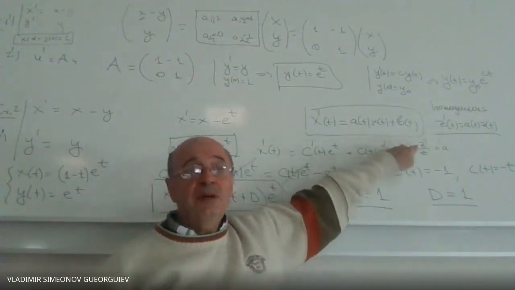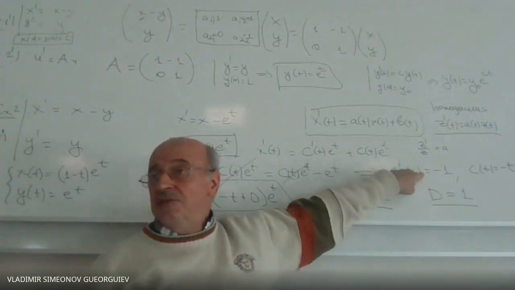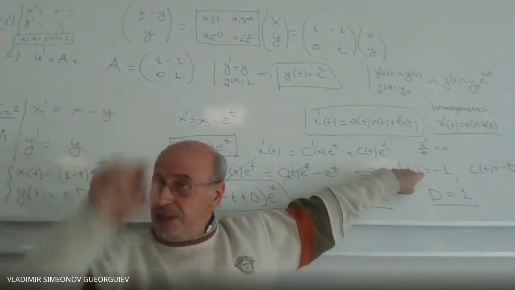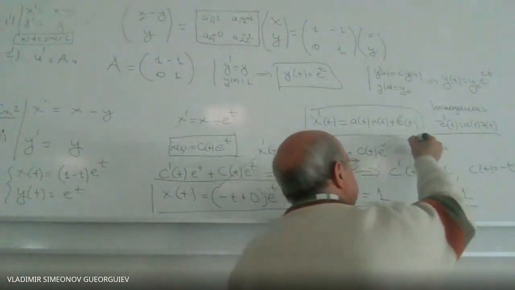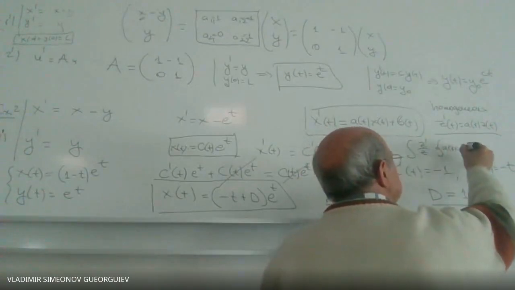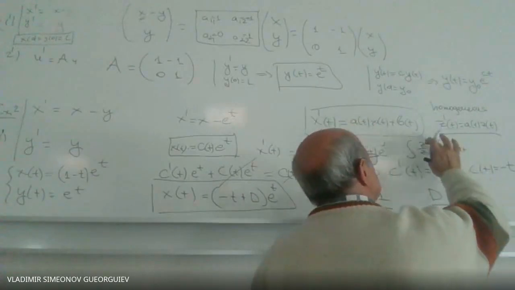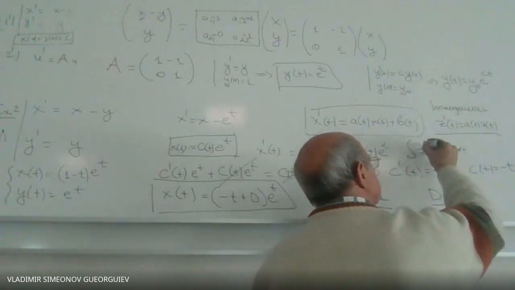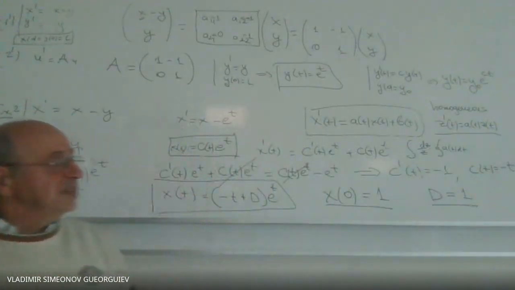Divide by zeta, and we have zeta prime over zeta. Zeta prime over zeta is the derivative of the logarithm of zeta. So we can take integral on the left and on the right. Take integral here and integral here. This is a(t) dt. This is, we call this d zeta over zeta.